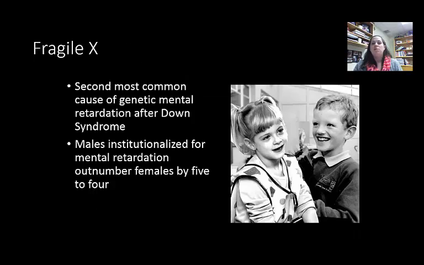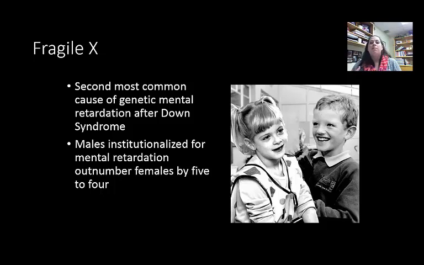So individuals with Fragile X, it's the second most common cause of genetic mental retardation after Down syndrome. Okay, so it's going to cause mental retardation. Males institutionalized for mental retardation outnumber females about 5 to 4. So it's actually really close for males and females with this because it still deals with that X and that X being fragile. Okay, so this is what we're looking at for Fragile X syndrome.